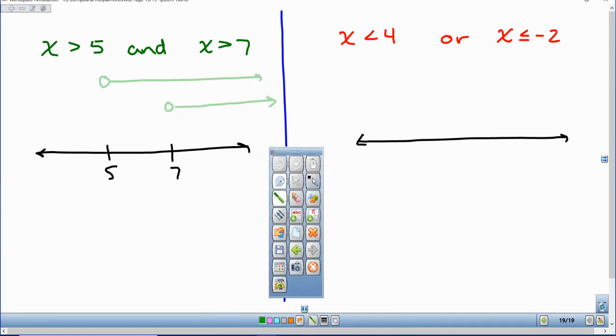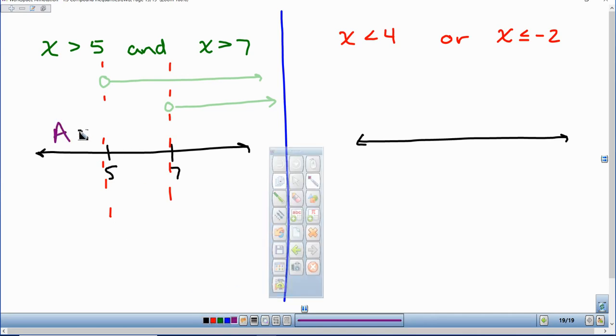And what this does is it kind of breaks this into 3 sections. Okay, so I'm going to label them with letters, section A, B, and C. Remember, we're looking for the numbers that satisfy both of these inequalities.